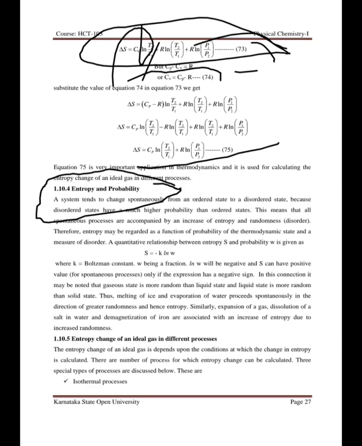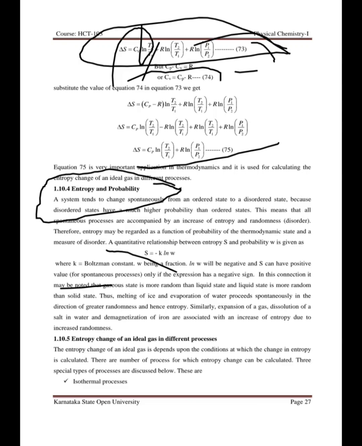The quantitative relationship between the system entropy S and probability can be written as S is equal to minus k ln W, where k is the Boltzmann constant and W is the probability.